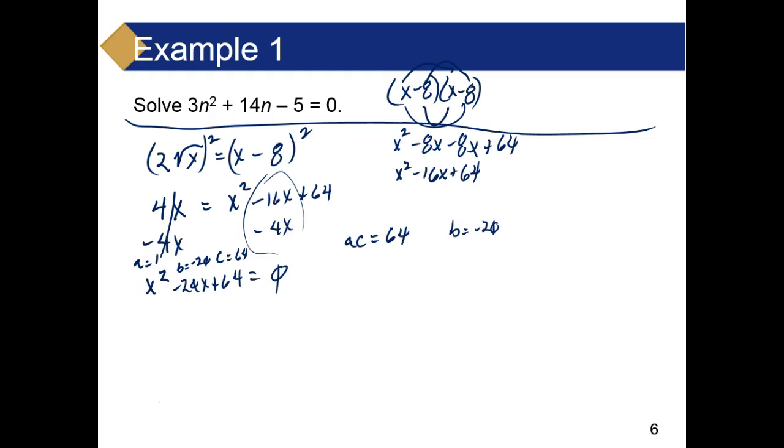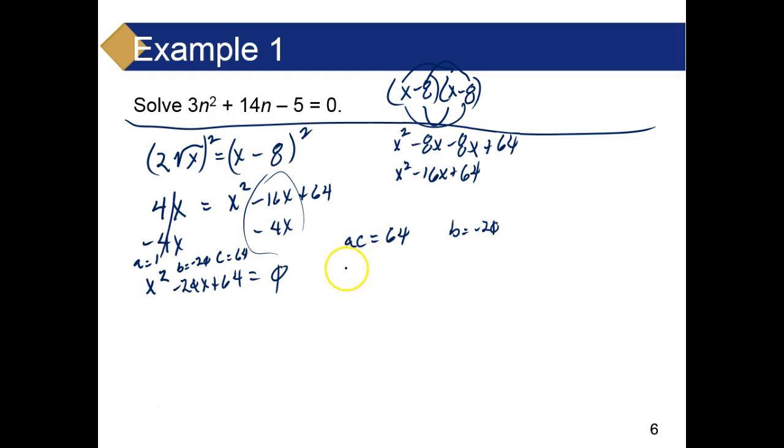Okay, so what does that tell you about the signs of these two numbers? And both are negative because the product's positive, but the sum is negative. The product being positive tells you both have to have the same sign. Since the sum is negative, they've got to be negative. So it's going to be negative, negative.